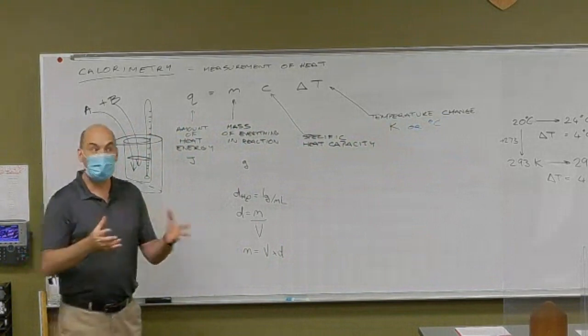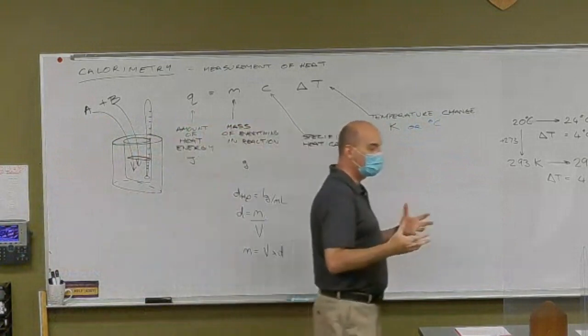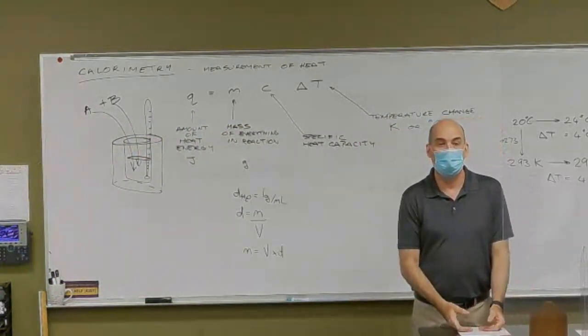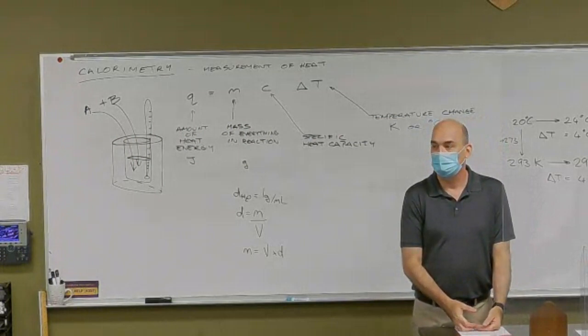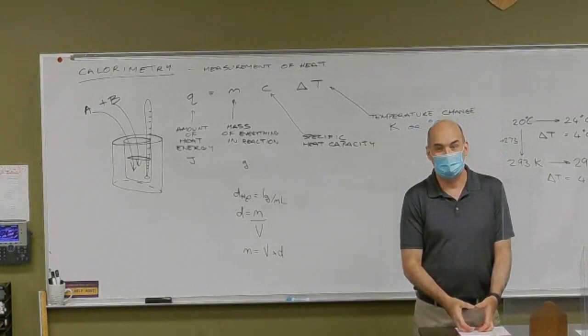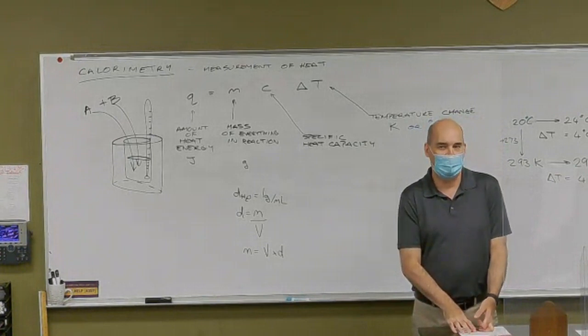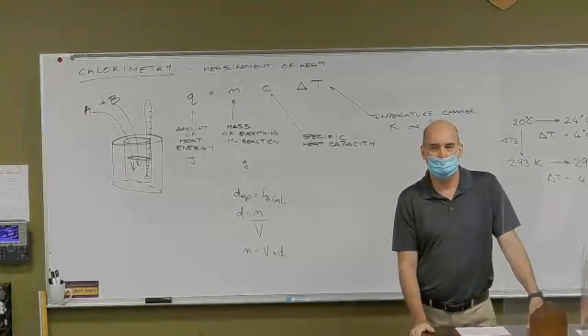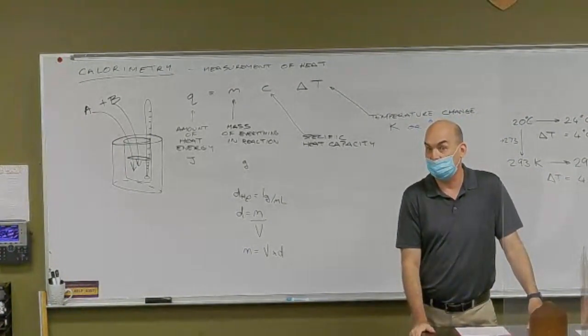And every different material that we can think of is going to have its own heat capacity. And because the world is full of scientists and engineers, and there have been for several hundred years now, all of these numbers are written down somewhere. If you want to know what the heat capacity of fill in the blank is, you can go look that up because somebody has tested it.